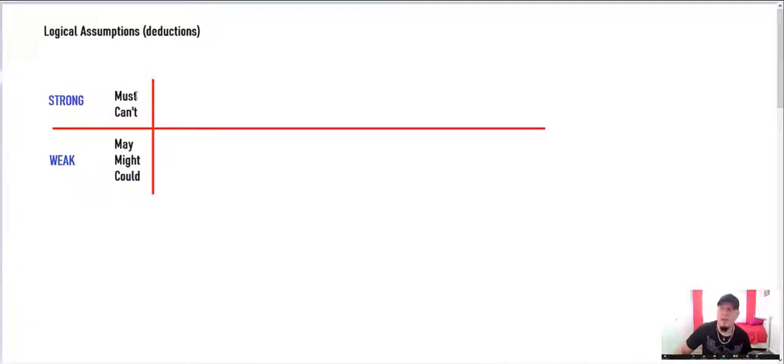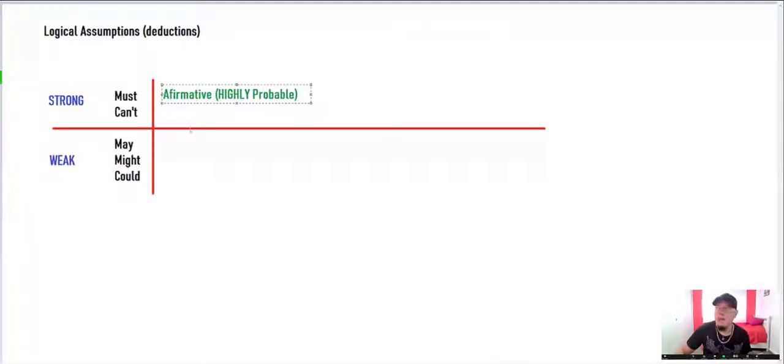Okay, so for strong, we have must and can't. What's going to be the difference? As we said in the previous video, whenever we use must, it expresses a strong assumption, but for affirmative sentences. Meaning that when we use must for assumption, it means that it is really probable, right? So let's write it like this: highly probable.